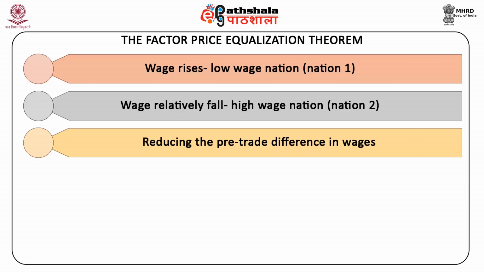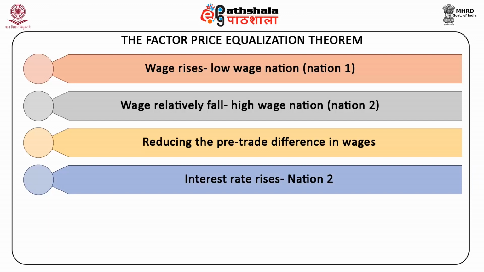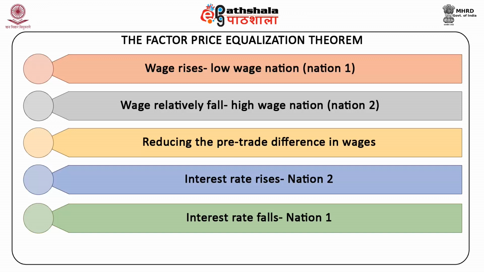Similarly, return to capital, that is, R, the interest rate, will rise in Nation 2 and fall in Nation 1, thus reducing the pre-trade difference in R between the two nations.